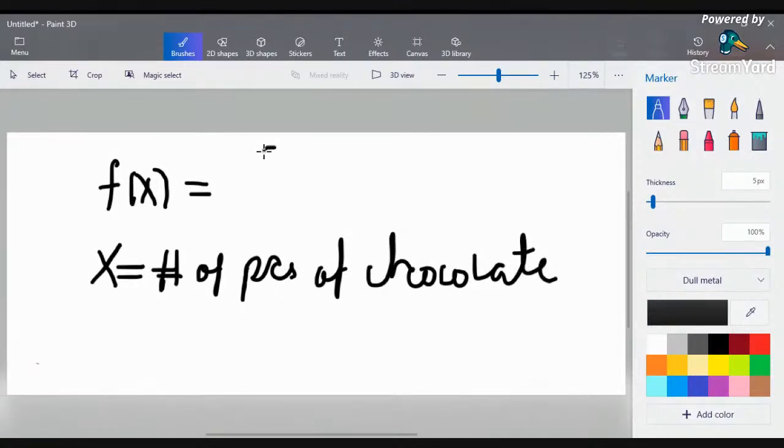So, we have this condition that if you buy less than 20 pieces, the price will be 12 pesos.